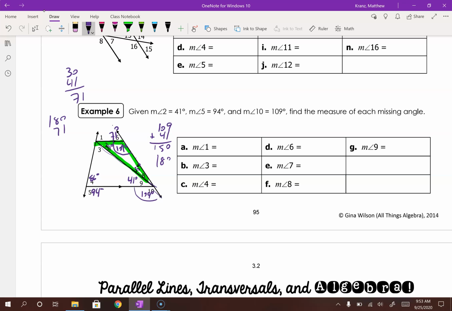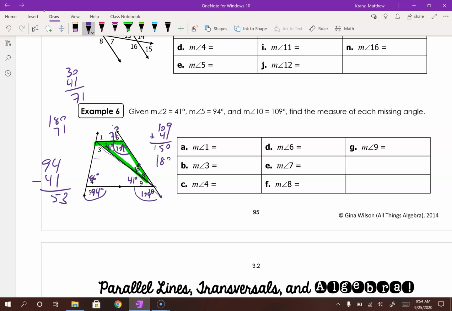And what else do we got going on? I know that this angle here, 2 and 3, has to be 94 because it is a corresponding angle to this one. So I have 41, so 94 minus 41, right?